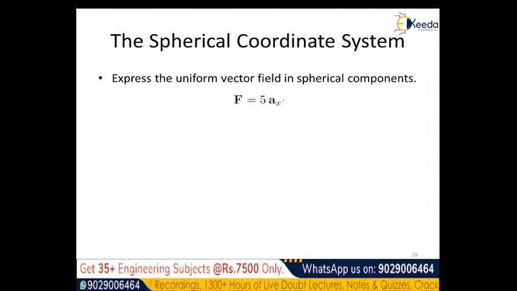As we had discussed, once you see the mathematical expression representing any vector field, you first have to focus on the unit vector involved in its representation. Here we have a x.